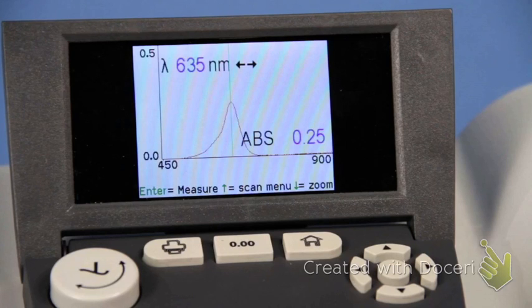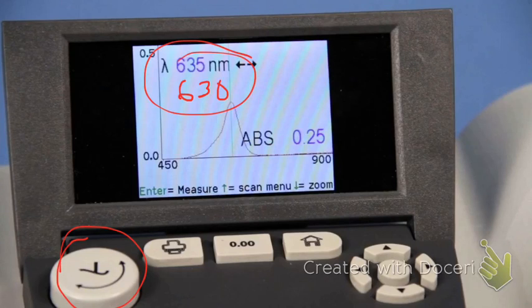So here's our digital readout on the spectrophotometer, and this is for blue dye number 1 essentially. Except we're going to use 630 nanometers, and we're going to dial that in. This is the dial on our spectrophotometer, and we're just going to dial that in until it reads 630 nanometers, and then we're ready to go.